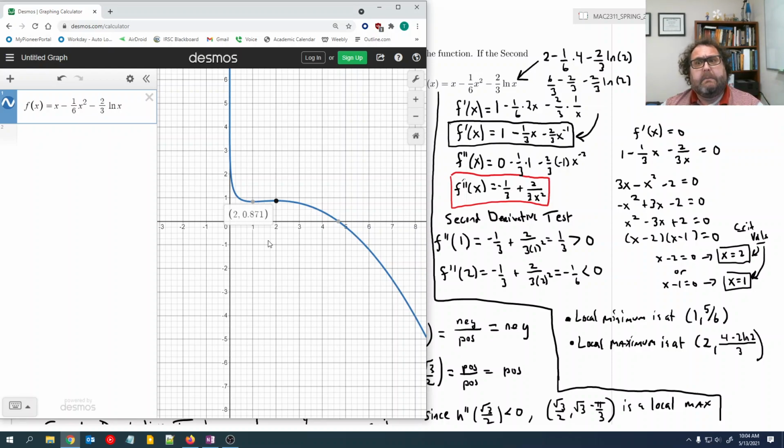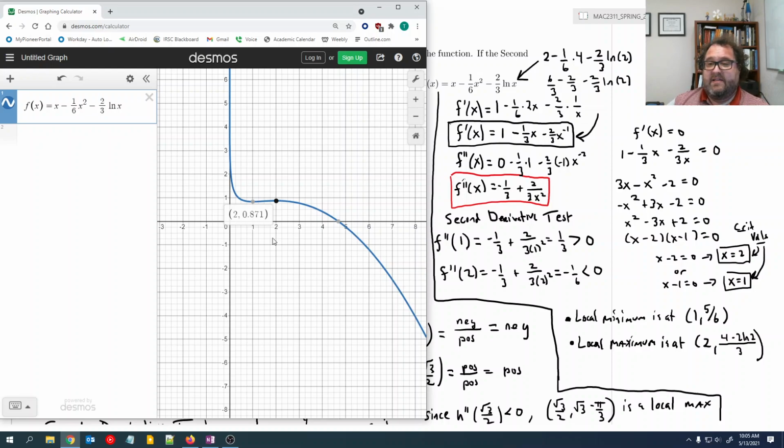So we build up that chart. That takes a good bit of time. If you don't care about all of the increasing and decreasing behavior, the second derivative test is probably quicker because you can quickly differentiate once, differentiate again, get the second derivative, then go back to the first derivative, find the critical values, and then plug them in real fast.